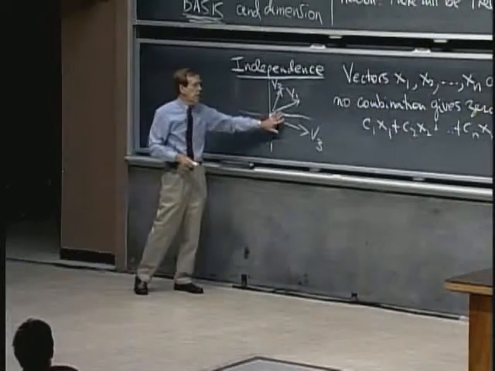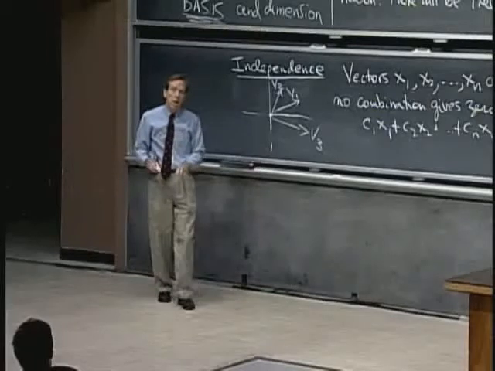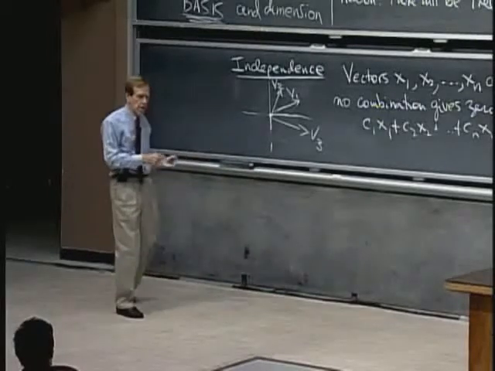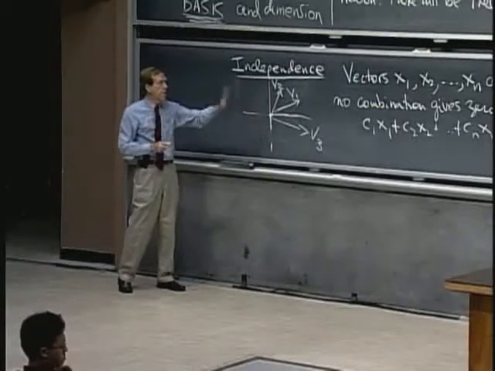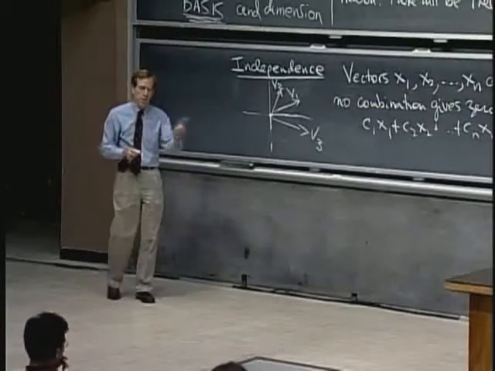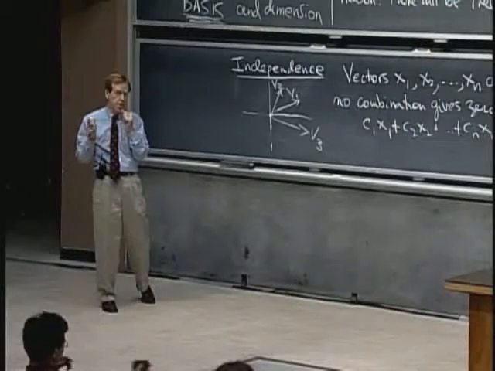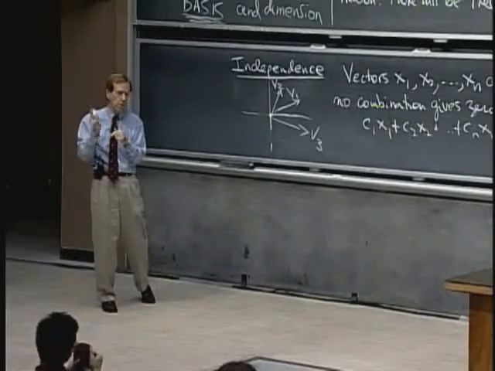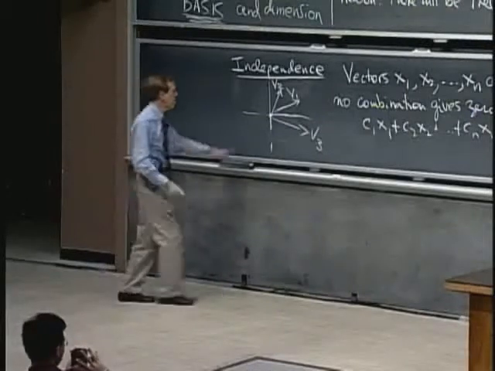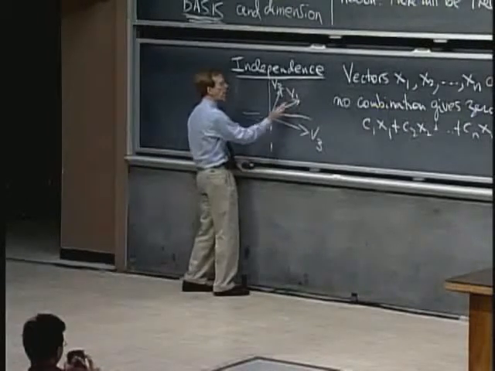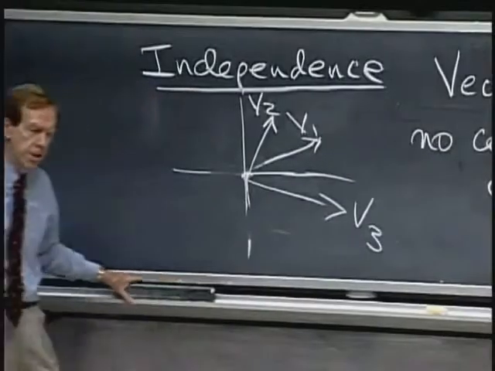I have 3 vectors that I didn't draw so carefully. I didn't even tell you what exactly they were. But what's the answer on dependent or independent? Dependent. Why? How do I know that some combination of v1, v2, and v3 gives me the 0 vector?